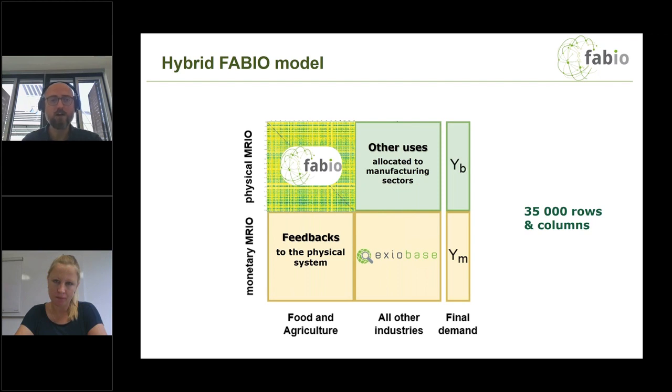In total, this hybrid IO table has roughly 35,000 rows and columns. So that's quite massive.